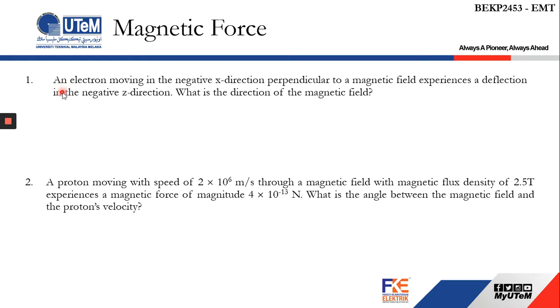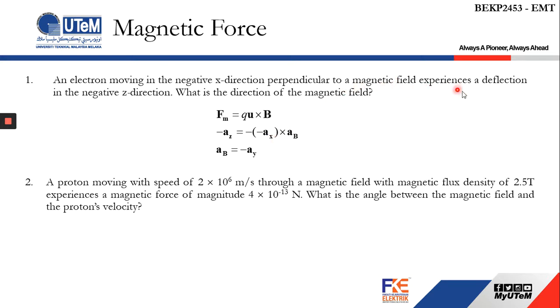Number one, an electron moving in the negative x direction, 90 degrees to a magnetic field, experiences a deflection in the negative z direction. What is the direction of the magnetic field? We write down the equation, Fm equals Q u cross B. Q is an electron, so negative. u is in the direction of negative x, so negative Ax.